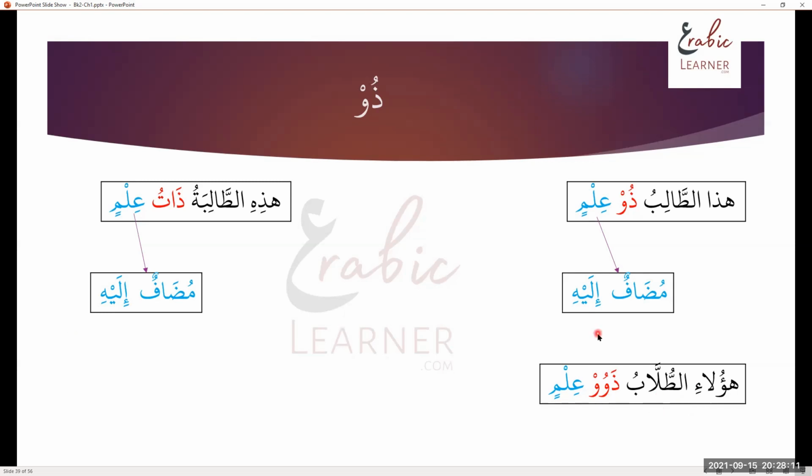Now tell me for feminine plural. These students are knowledgeable, for female students. Sister Asma bint Rafi, I think the mistake you are making, sister, is that you are always putting tanween at the end.